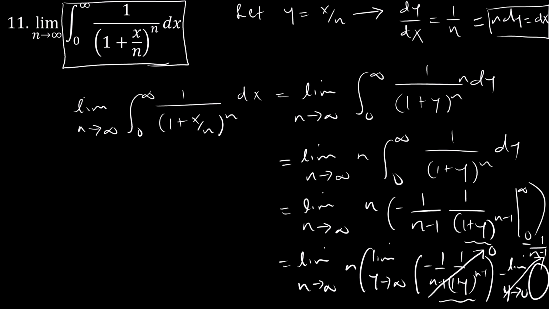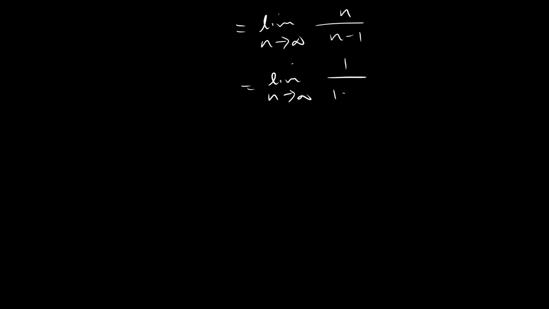And so let's continue and see how this eventually works out. Now we do have the limit as n tends to infinity of n over n minus 1, which is the limit as n tends to infinity of 1 over 1 minus 1 over n. And we can see here that this part tends to 0 in that instance.